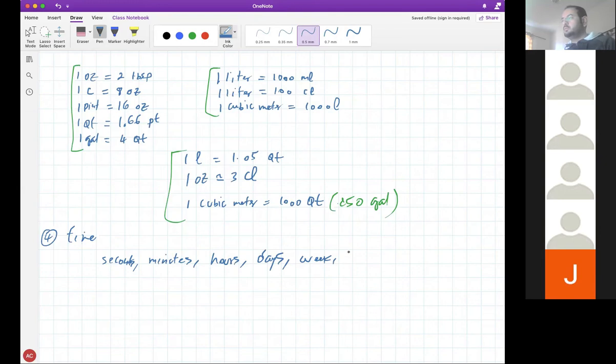A month. That's right. A few months make a year, and a few years, especially 10 years, make a decade.